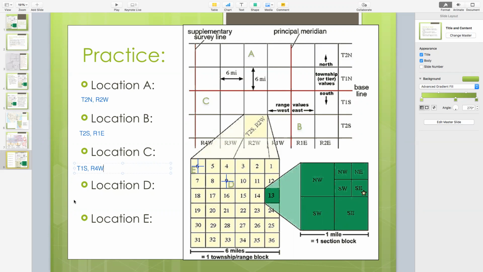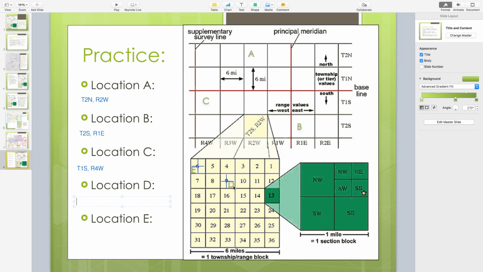Now let's get a little bit more tricky. Here is letter D. And D, I've divided this section into 4 quarters. So D is located in the southwest quarter. I'm sorry, southeast, excuse me.